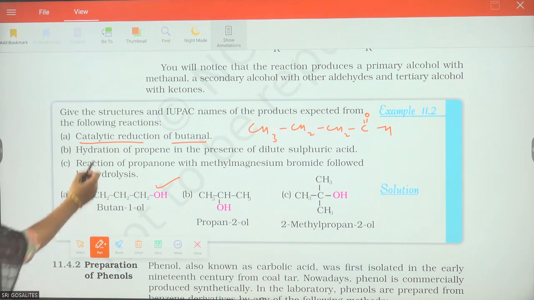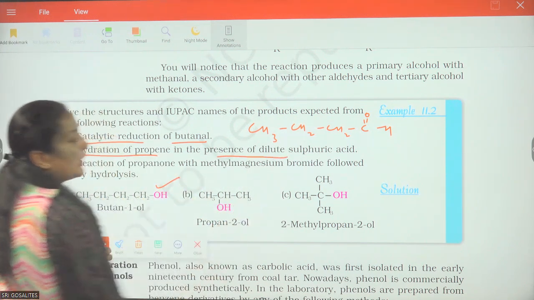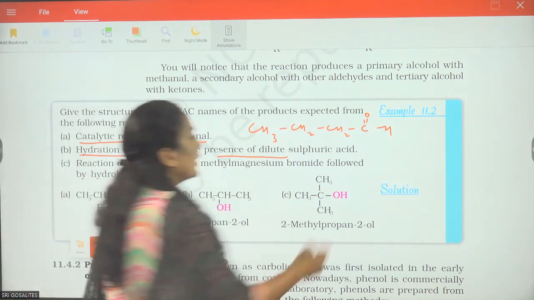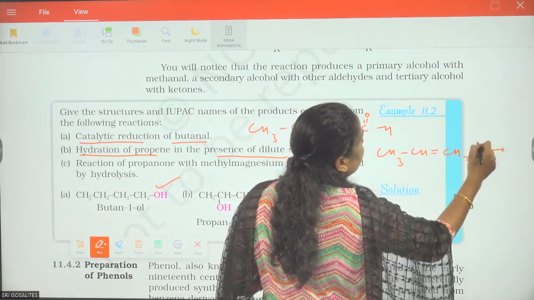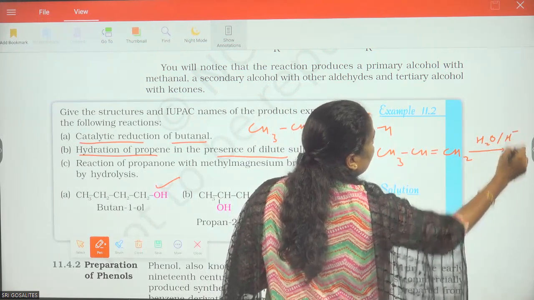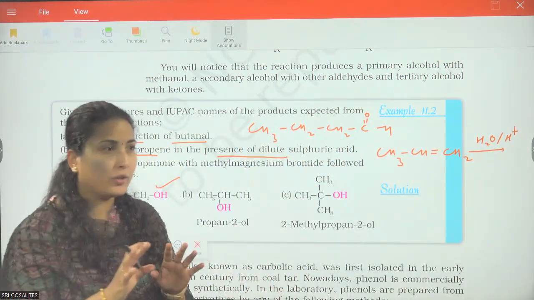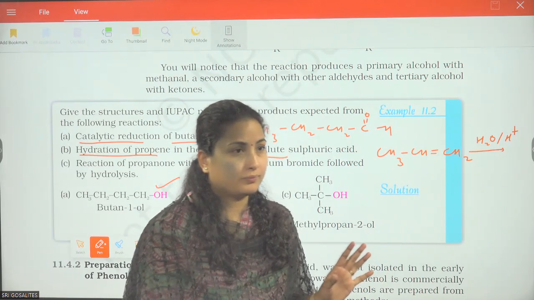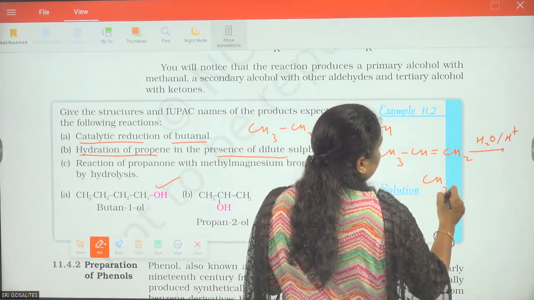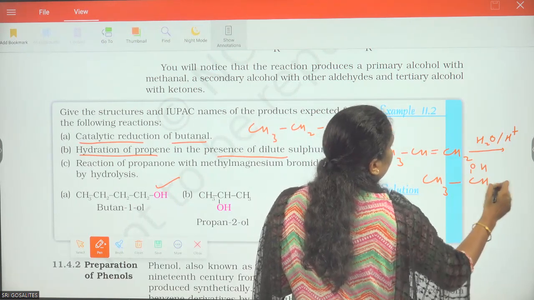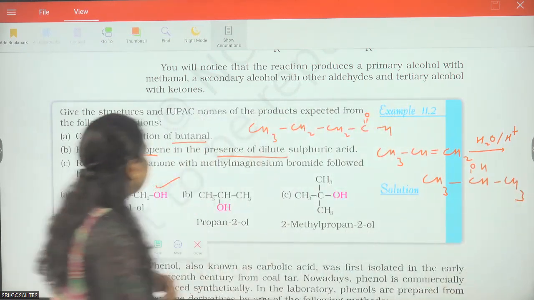Now the next is hydration of propene in the presence of dilute H2SO4. Hydration of propene, CH3, CH double bond CH2, in presence of dilute H2SO4. Or else on the arrow, they can just write dilute H2SO4. Now it will become CH3, CHOH, CH3.